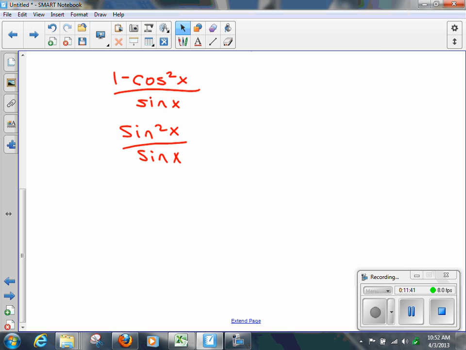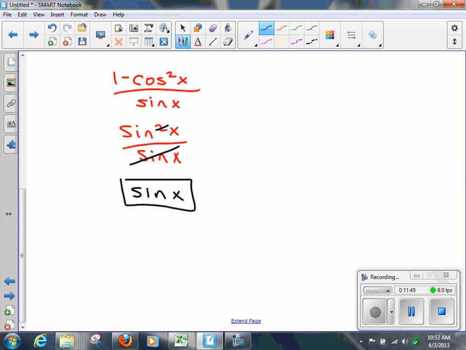I'm going to cancel out a sine from the bottom and one of the sines from the top, so that my answer ends up being sine x. Right on? How many of you had sine x? Excellent. High five in the air. Yes! Proud of you. Even if you attempted something and just kept going around in circles, I'm proud of you for doing that. Cool with this one?